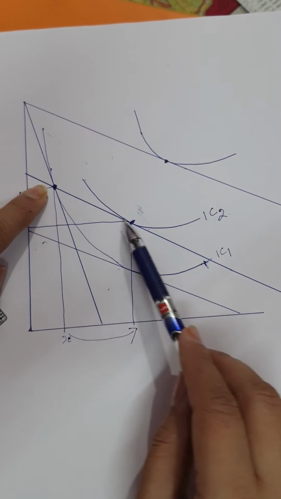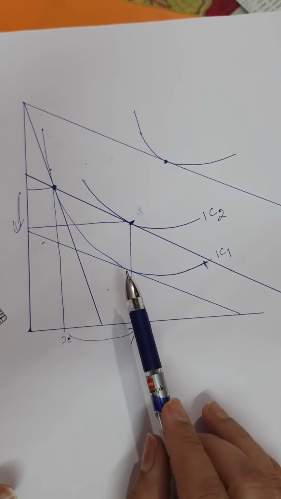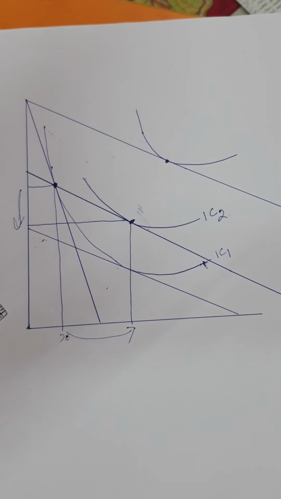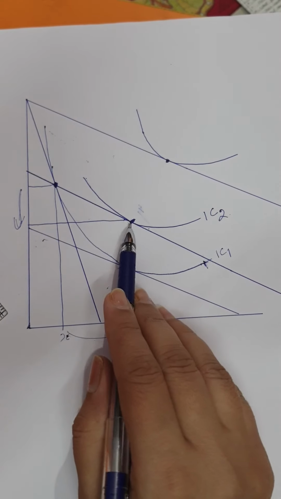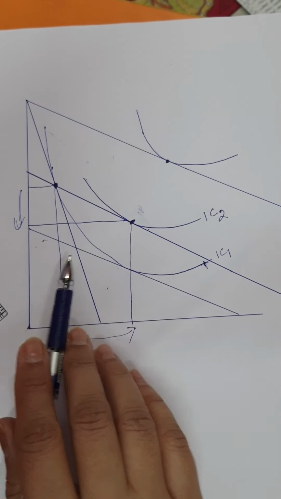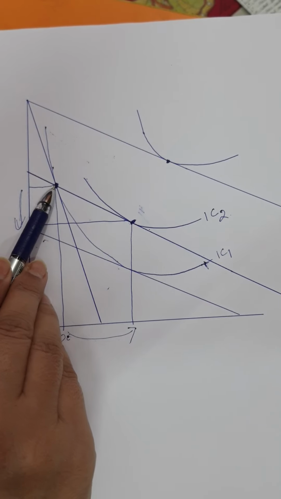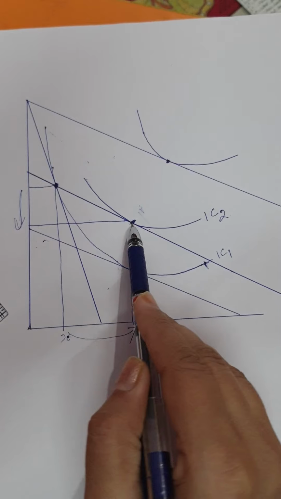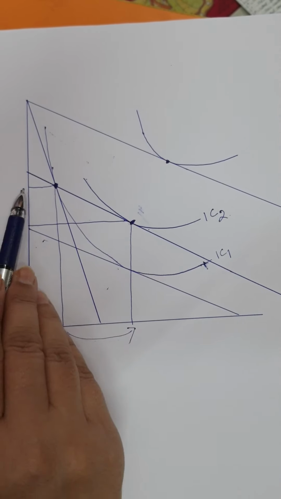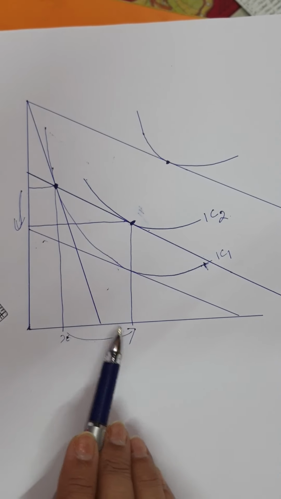That's why he moved to this point. So this is the way explained by Slutsky. So it is better than the previous analysis because now this point is also available to the consumer and still he is purchasing on this point where he is substituting y with x.